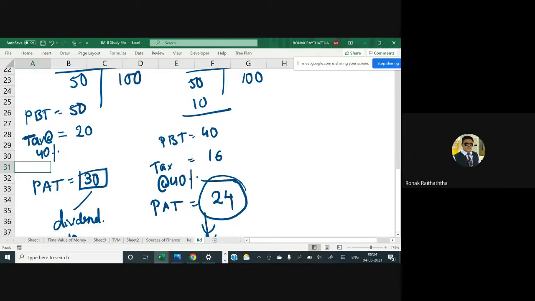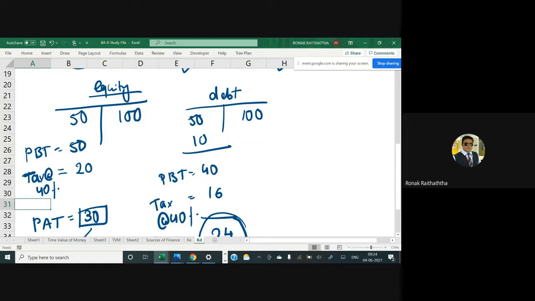Now you must have observed that your tax amount is reduced because you have paid interest on debt in the second case. Because interest is a tax deductible expense as per the Income Tax Act 1961. That is why you take the benefit of tax as well while calculating the cost of debt.